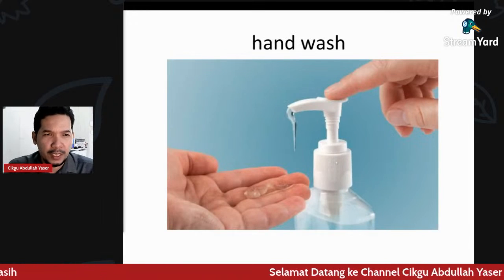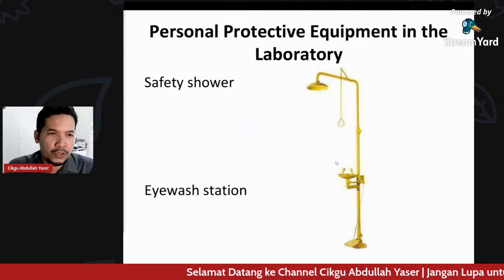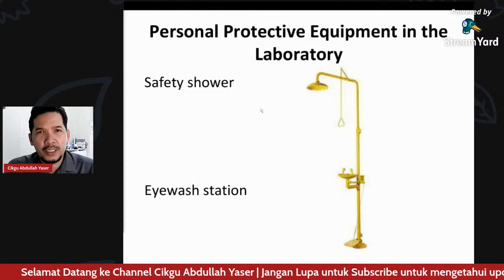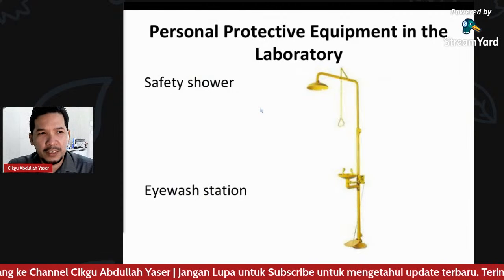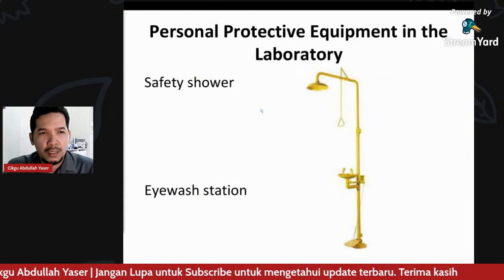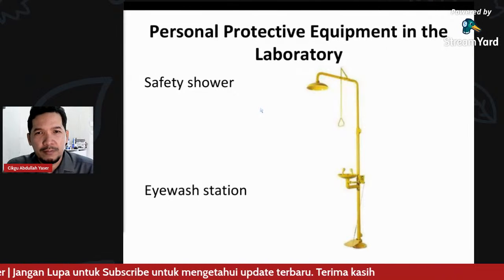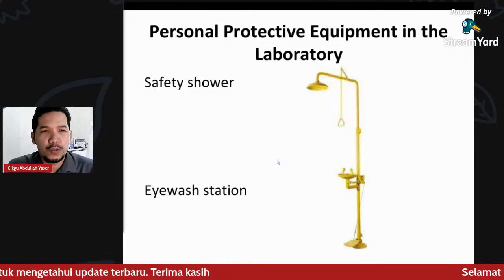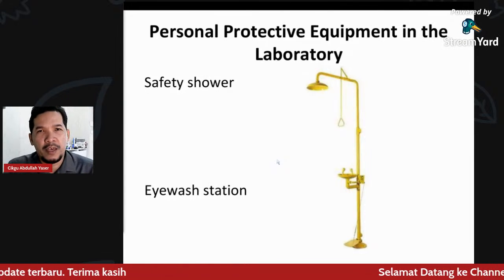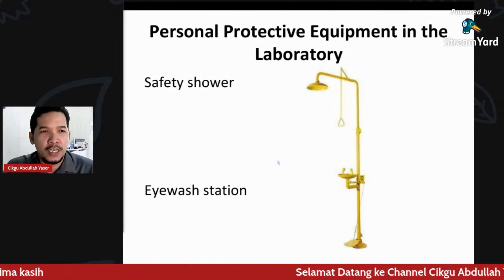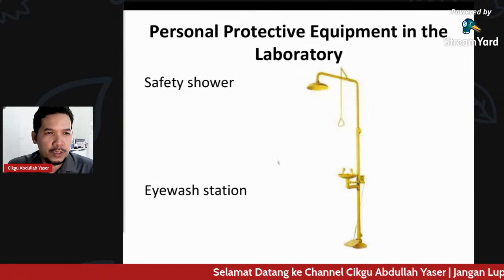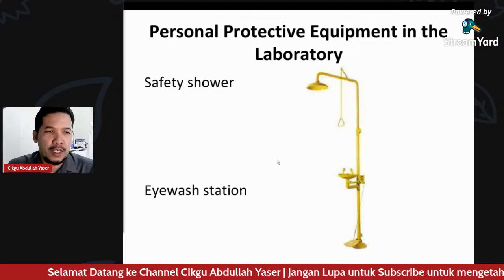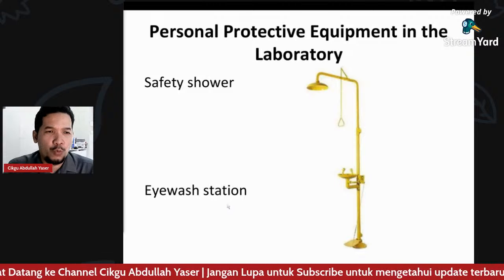Okay, so this is a hand wash. Some of you have already noticed this equipment in our lab, but maybe most of you didn't have any experience using it. This one is a safety shower, and also the eye wash station.